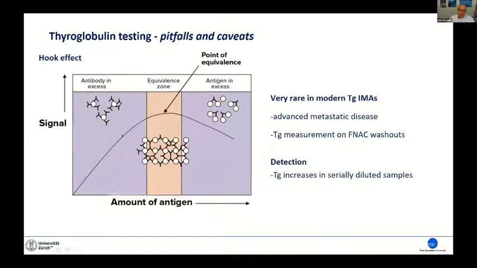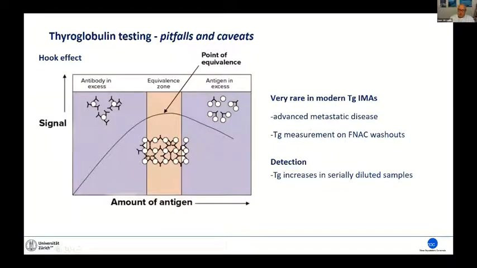Then the signal increases in the range of measurement, then it forms a plateau when there is an equivalence between antigen and antibodies. And when the antigen exceeds sites of antibodies, we can observe a decrease in the signal and in the concentration measured of thyroglobulin.